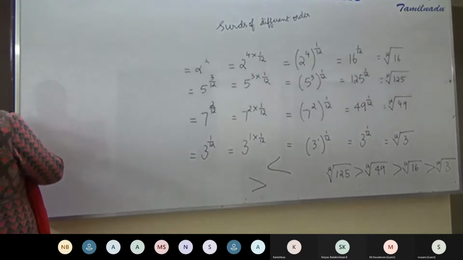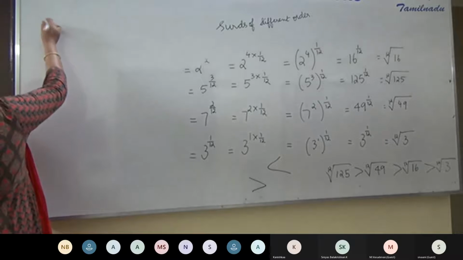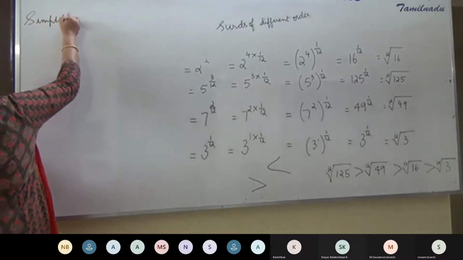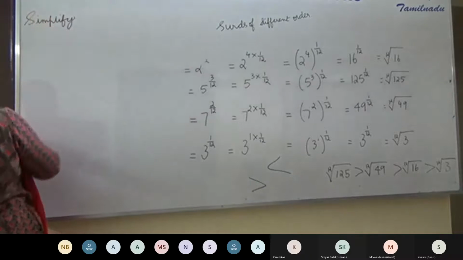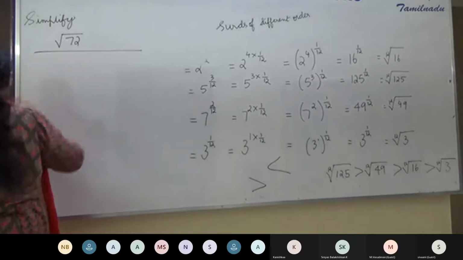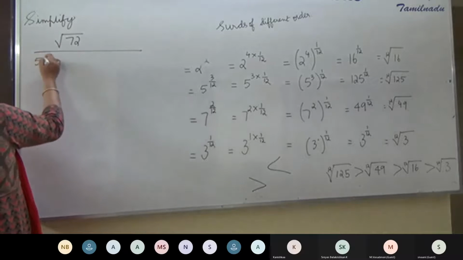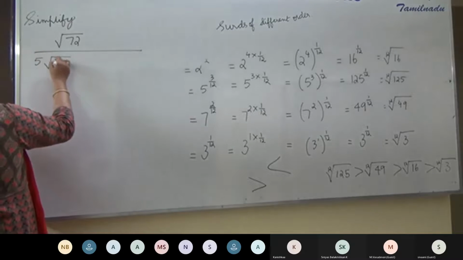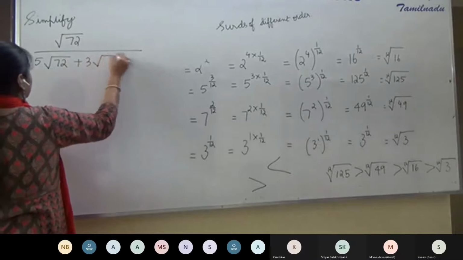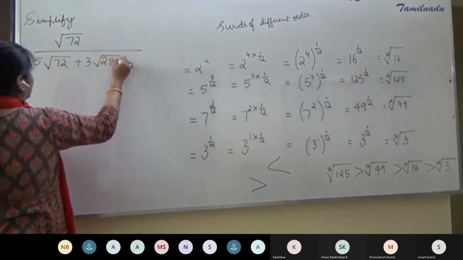The first one, simplify. This is the question. Simplify: square root of 72 divided by 5 into square root of 72 plus 3 into square root of 288.